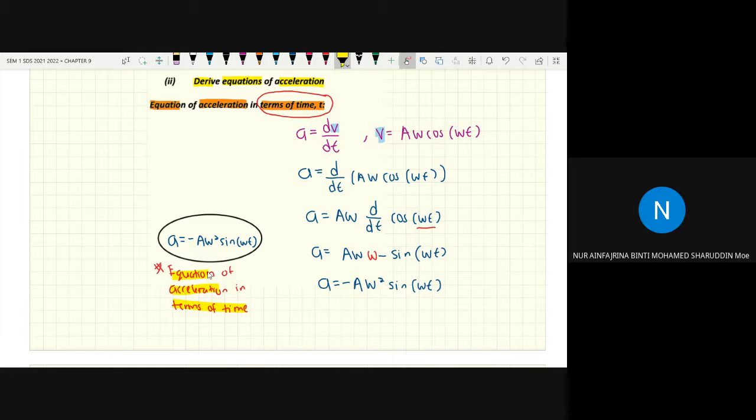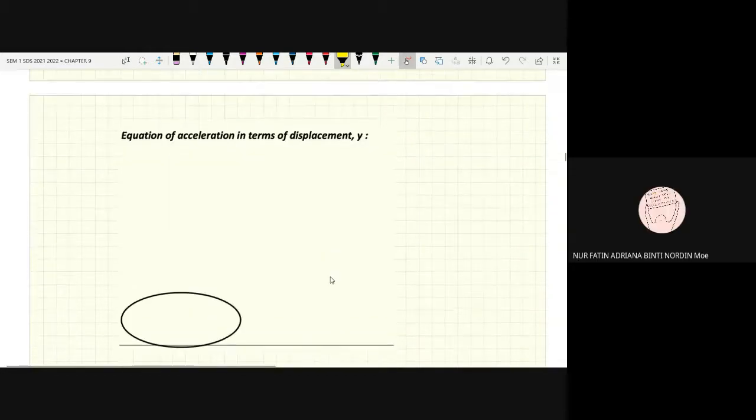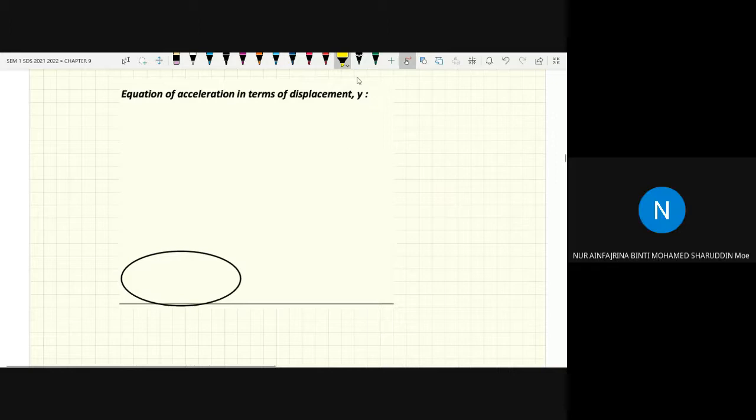Okay, are you guys done? Yes, Miss. Okay, Miss proceed boleh? Yang lain dah? Okay, very good. Now, what we are going to look at is equation of acceleration in terms of displacement y.